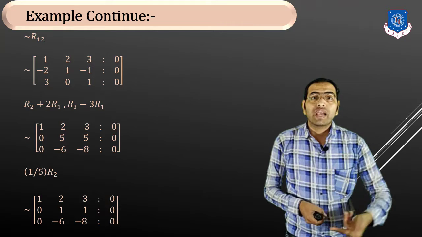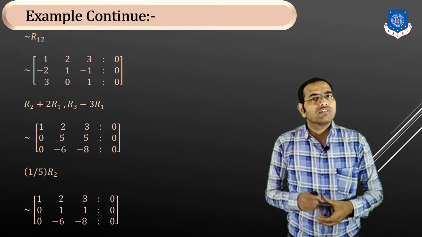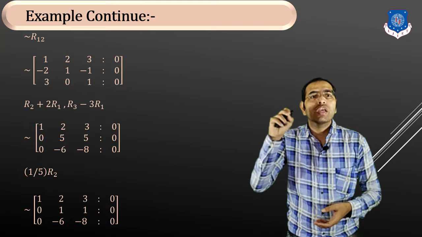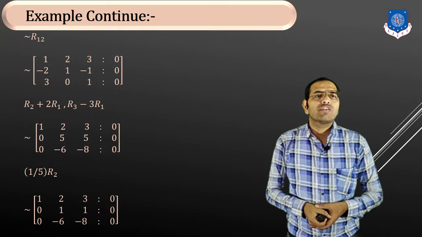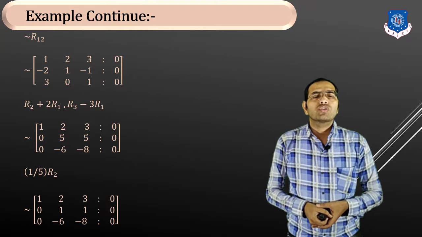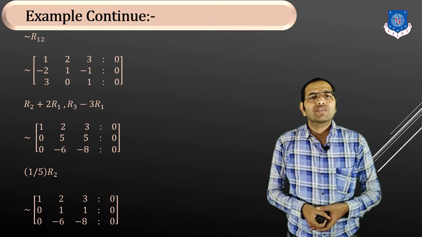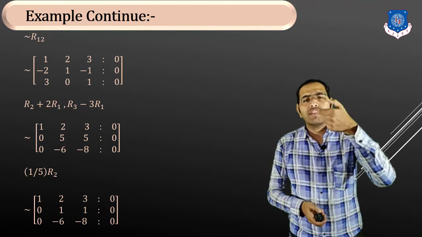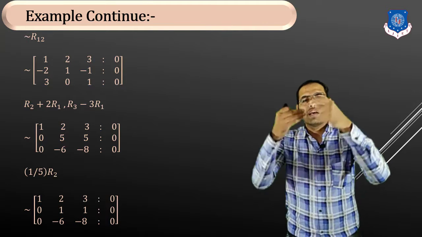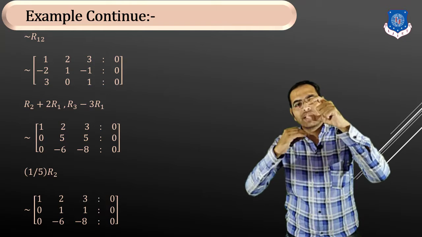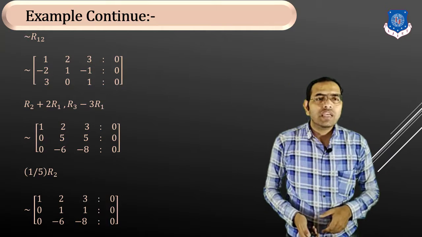Now, make the second row have a leading 1. For that, divide the second row by 5. That gives you 1, 2, 3, 0; 0, 1, 1, 0; 0, minus 6, minus 8, 0. With the help of that leading element, make the bottom entry 0.